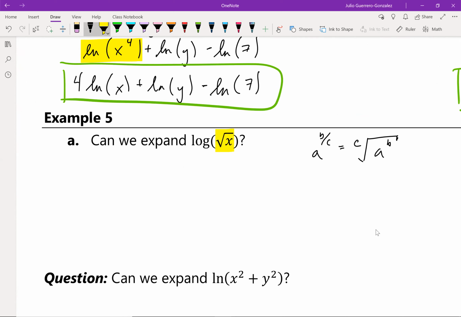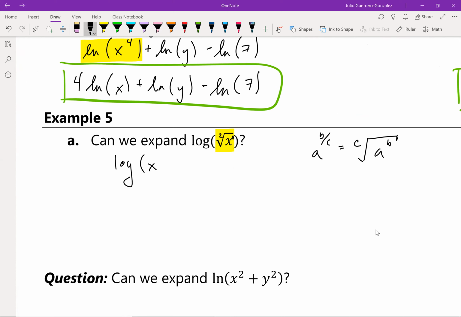For this one, we're going to change that to square root of x. And the way that we're going to do it is log of x. Technically there's a 2 and there's a 1 there.